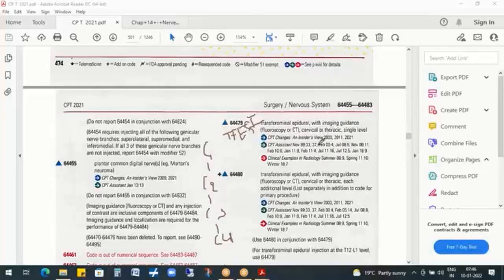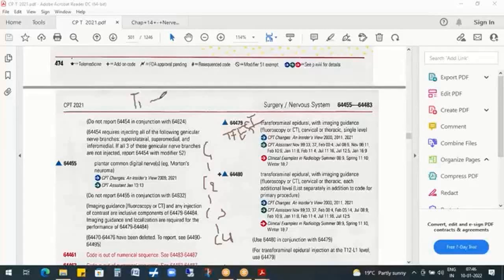Now, what is the procedure performed by the physician here? TFESI, cervical or thoracic. If you see the scenario, total how many levels? 3 levels. 64479 for the first level, 64480 two times for each additional level. Now you can give me the answer.